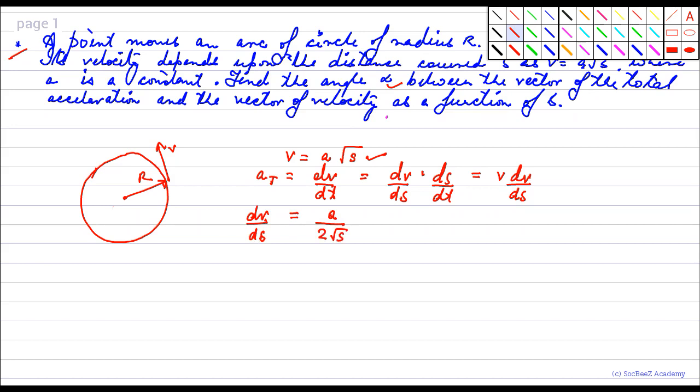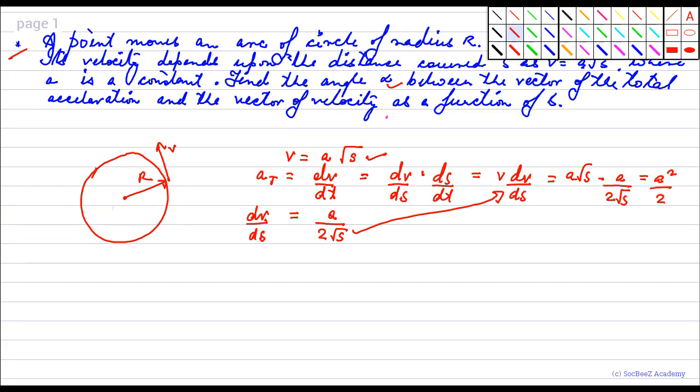If I put in this value in this expression, and if I put in the value of v as a root s, I will get at as a root s into a by 2 root s, which gives me at as a square by 2.